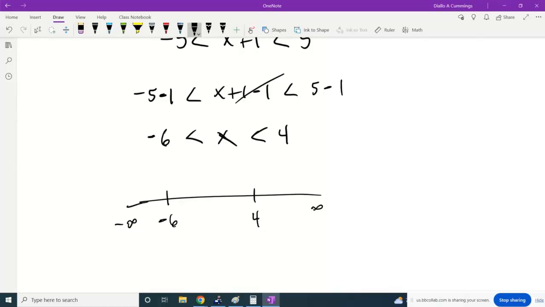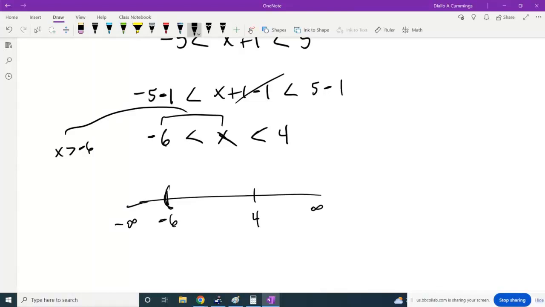Negative infinity goes to the left, positive infinity goes to the right. So just remember that negative 6 is less than x. That's the same thing as saying x is greater than negative 6, right?